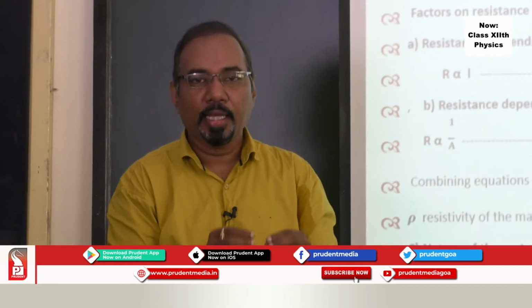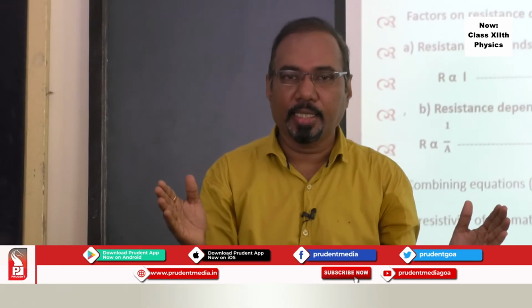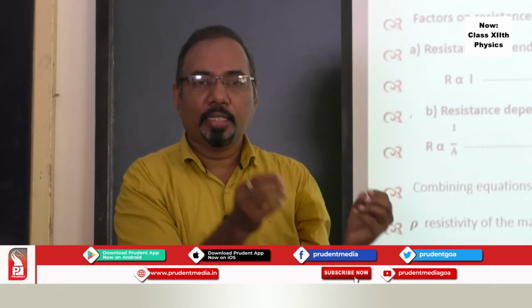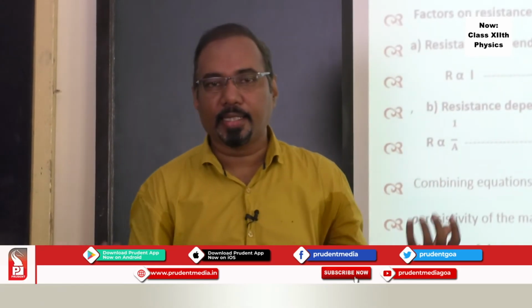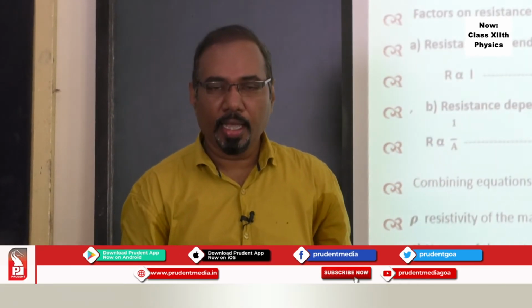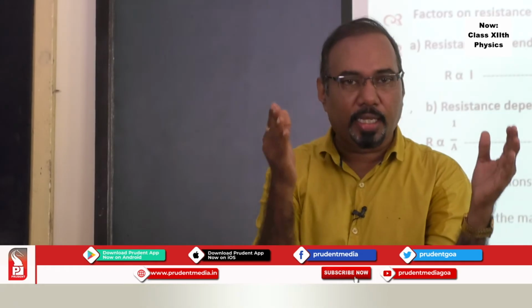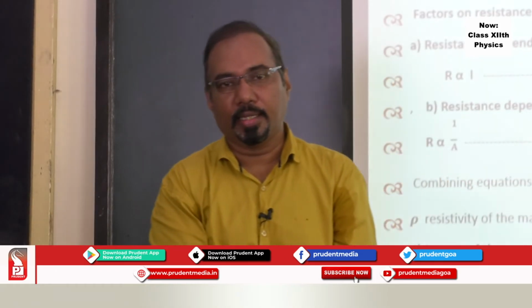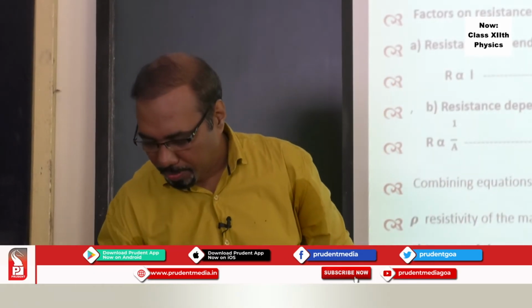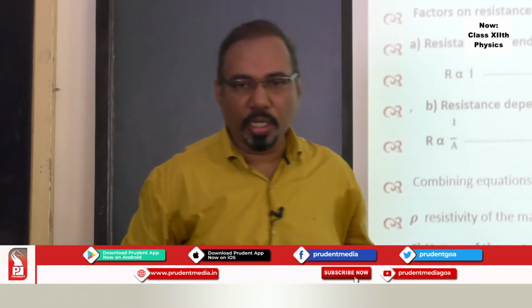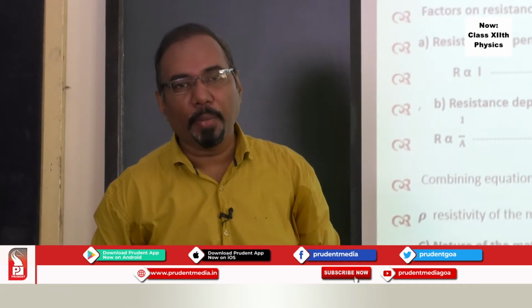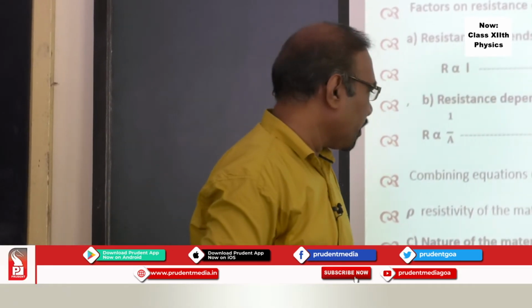For example, if I have a wire of 1 meter and you cut it into 2 parts, each part will have the same resistivity. Their resistance will be different. So if you change the length of the given conductor, of a given material, its resistivity will remain the same. That's what exactly it means. And the unit of resistivity is ohm meter, which can easily be found using this.